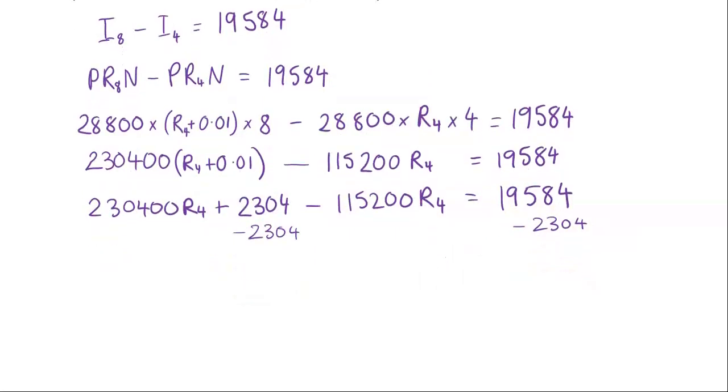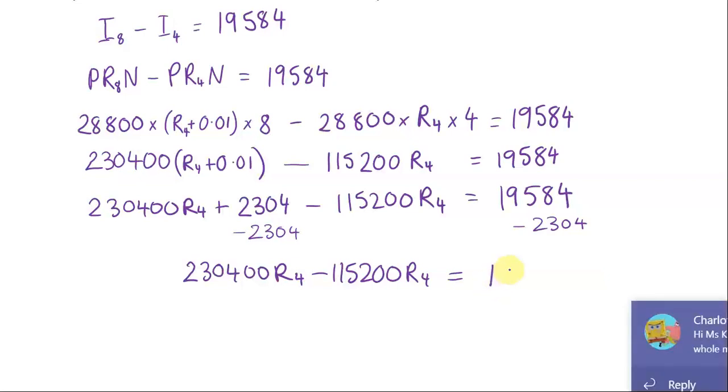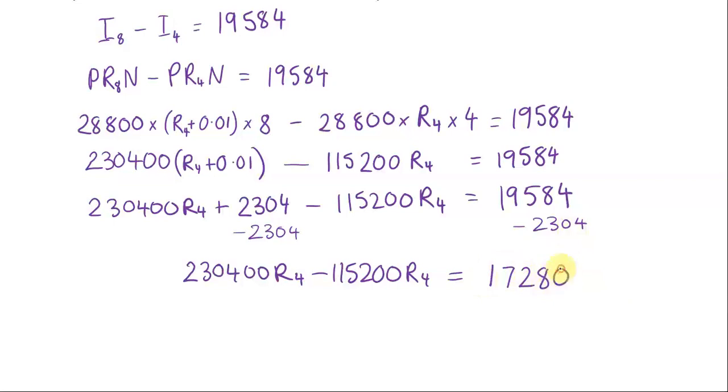We're left with 230,400 times the interest rate of 4 years, minus 115,200 times the interest rate of 4 years, is equal to 19,584 minus 2,304. That gives us 17,280. We're almost there. We need to collect these two like terms.